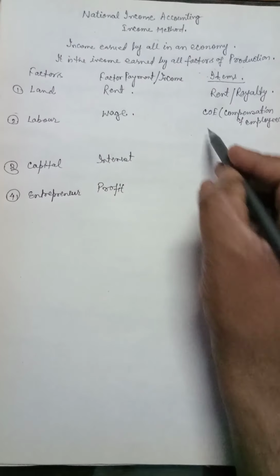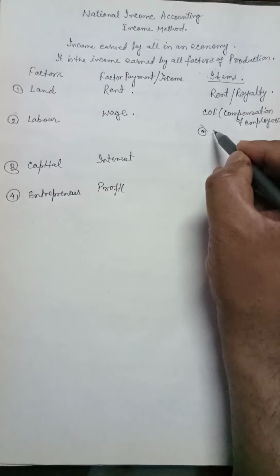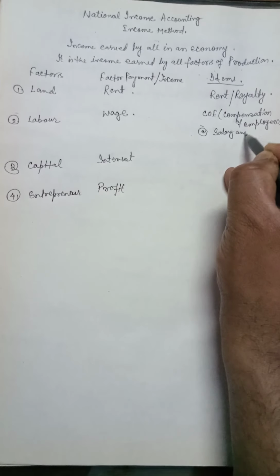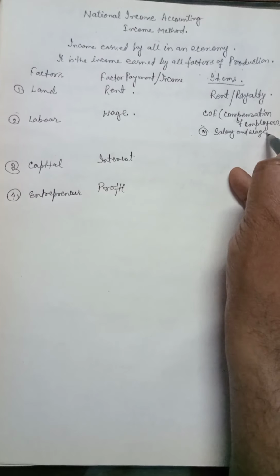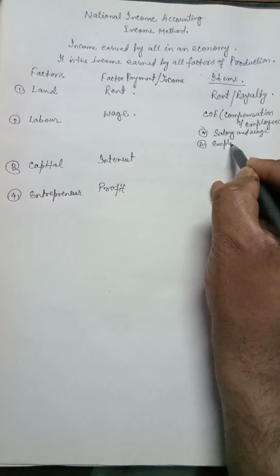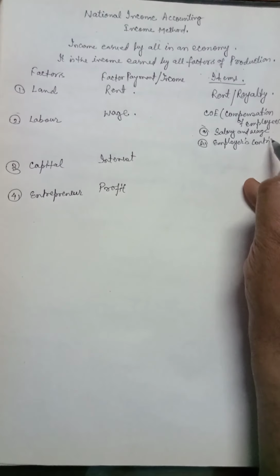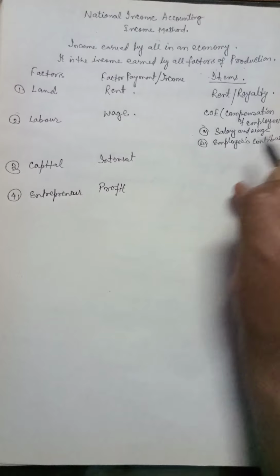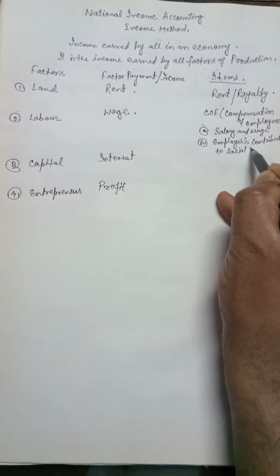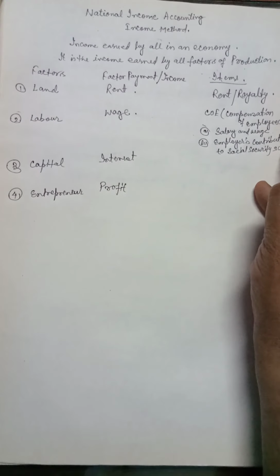The compensation of employees includes salary and wage, and second, employers' contribution to social security scheme.